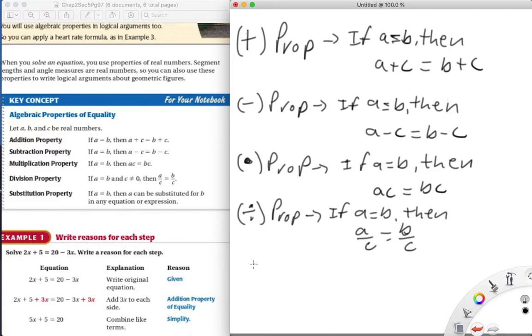And then the substitution property. You guys, we're going to be using the substitution property a lot. That's "sub" for short.